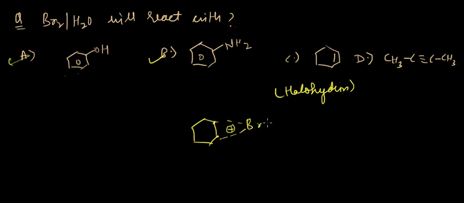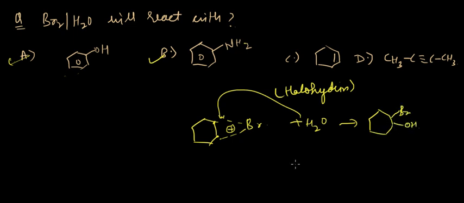Okay, that's why it's so much stable. Then the water molecule will attack from the back end side, or from the opposite side wherein the Br is attached. Okay, and it will form a halohydrin like this. Okay, so it will undergo reaction.